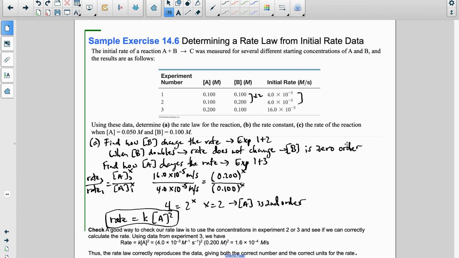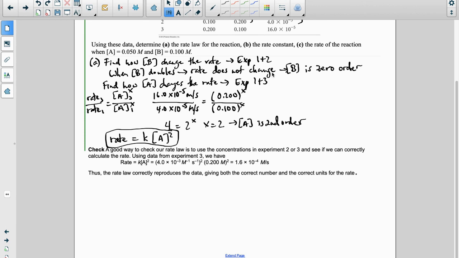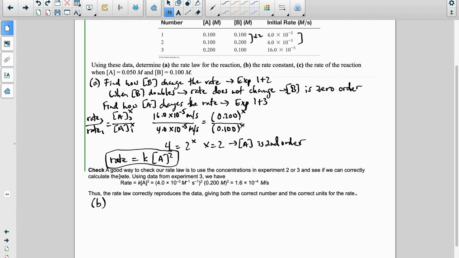Okay, so then in part B, they would like the rate constant. So again, I can solve for my rate constant by using experiment number 1's data. So using experiment 1, I can put in the rate equals K times A squared.